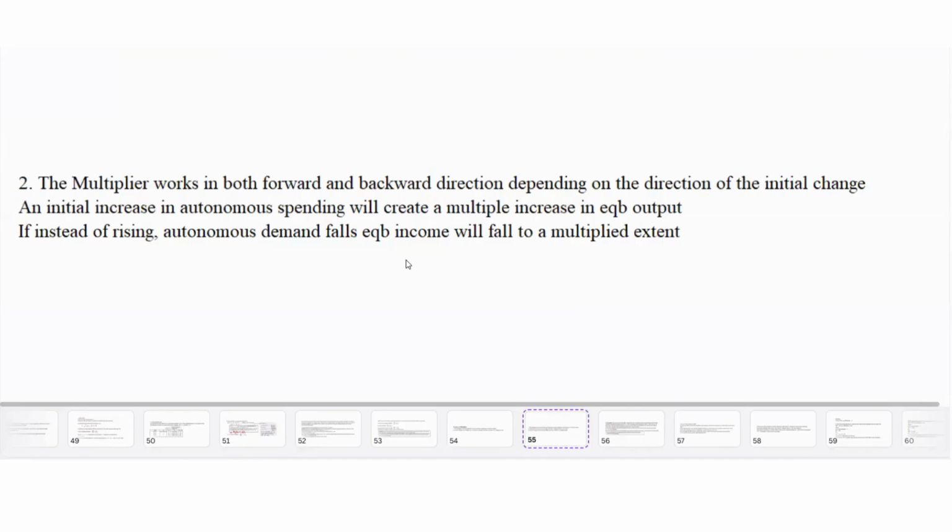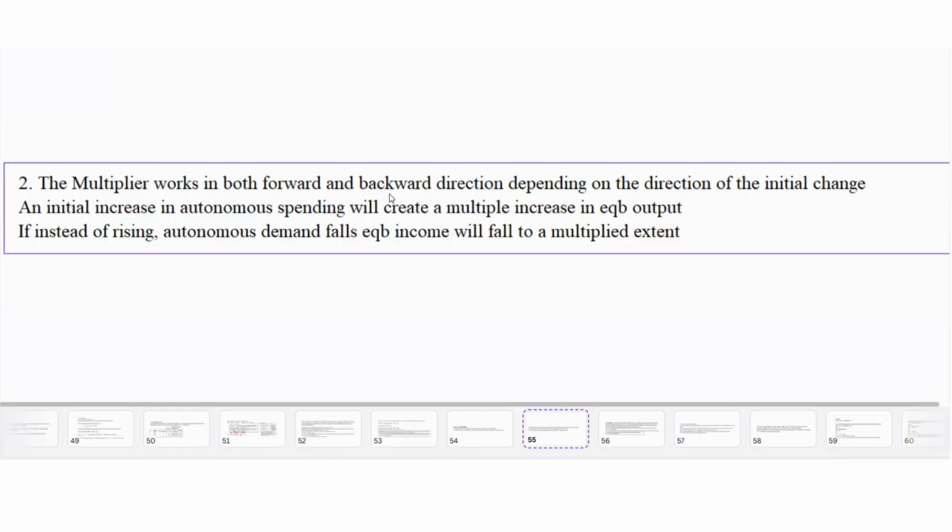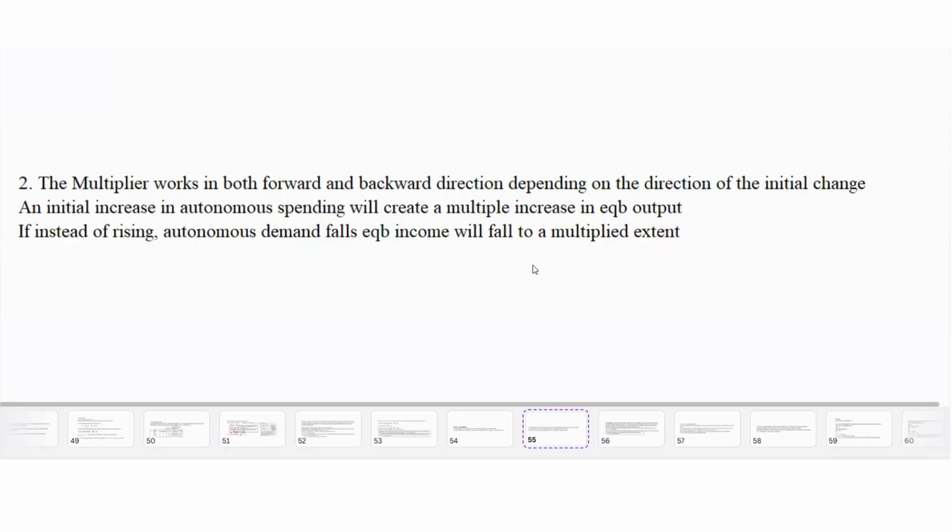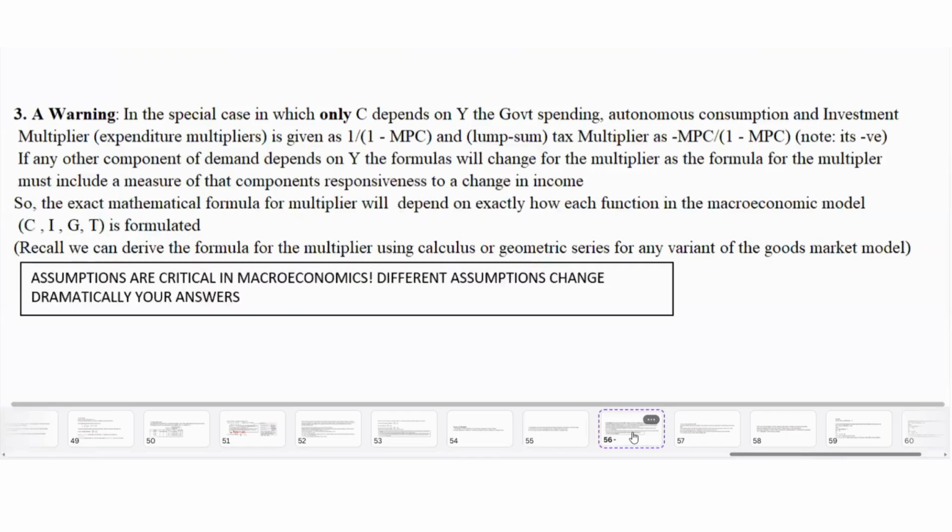Like we saw, when you increase G, output increases more than the initial increase in G. But if instead of rising, autonomous demand falls, equilibrium income will fall to a multiplied extent, which means that if G falls, then output would fall by more than the initial decrease in G. So the multiplier works in both backward and forward directions. An initial increase will result in a multiplied increase in equilibrium output, and an initial fall in autonomous demand will result in a multiplied decrease in equilibrium output.